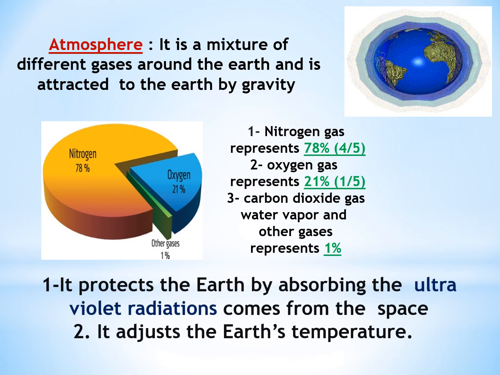From the importance of the atmosphere: number 1, it protects the Earth by absorbing the ultraviolet radiations comes from the space. Number 2, it adjusts the Earth's temperature.